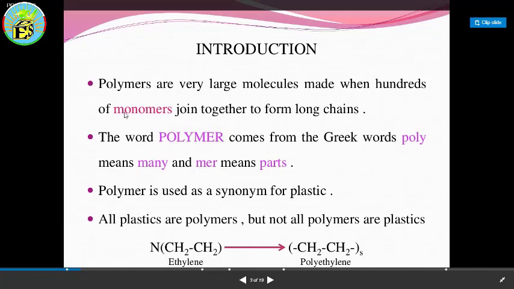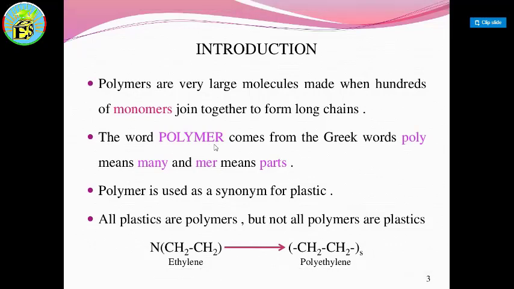Now, what is the meaning of polymers? Polymer is a Greek word in which poly means many and mer means parts. So it is a big unit of small parts attached to each other.